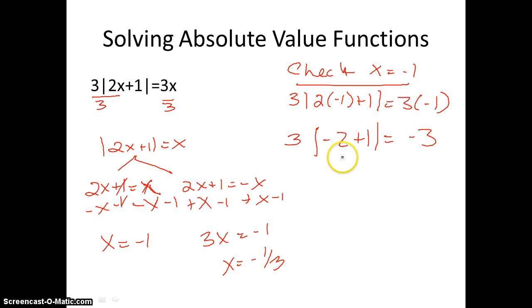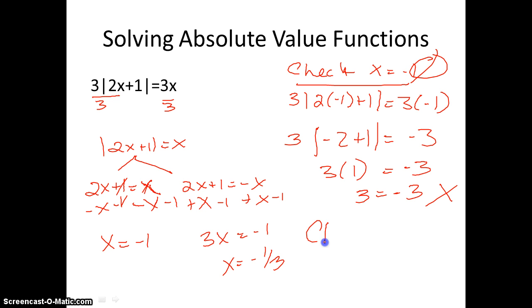Negative 2 plus 1 is negative 1. The absolute value of negative 1 is 1. Can 3 equal negative 3? No. Therefore, this is not a solution. And then you would check for x equals negative 1/3.